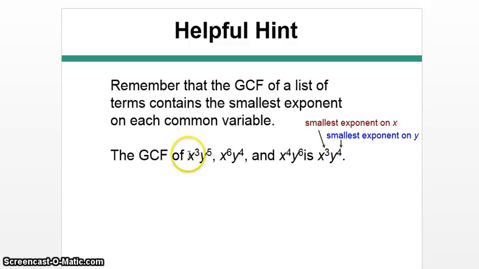Look at here, all the 3 terms. The smallest exponent of x is x to the power 3. Here 3, here 6, here 4. So 3 is the smallest. For y, 4 is the smallest because here it is 5, here it is 6. So we multiply them and the GCF will be x power 3 times y to the 4.